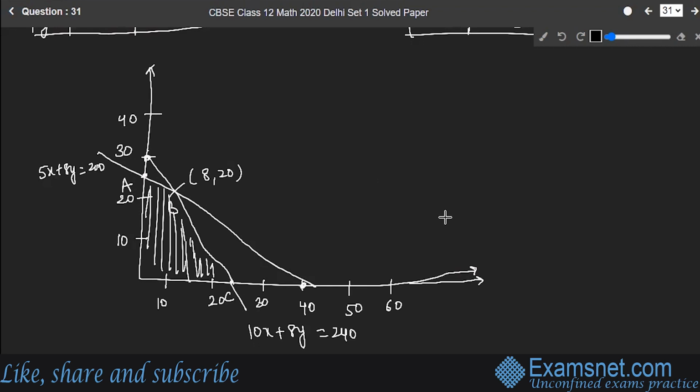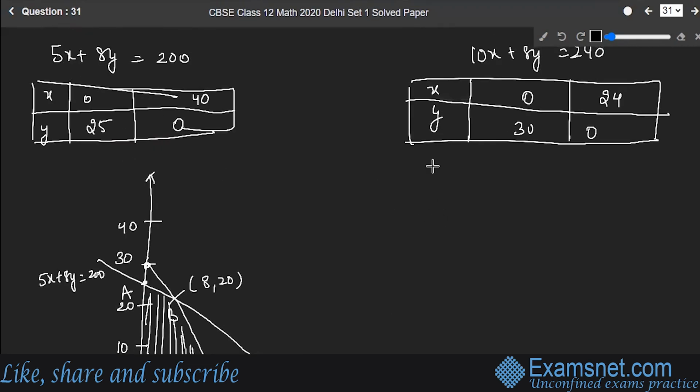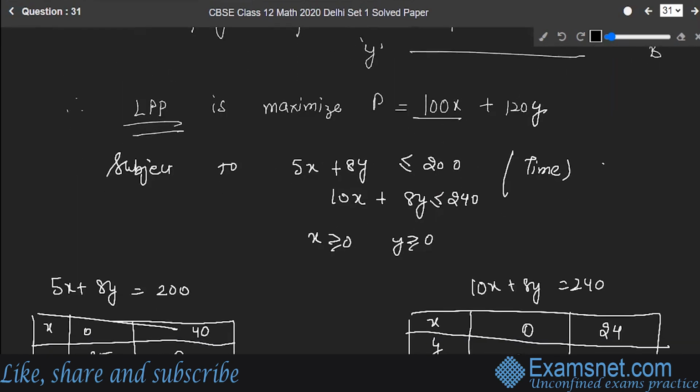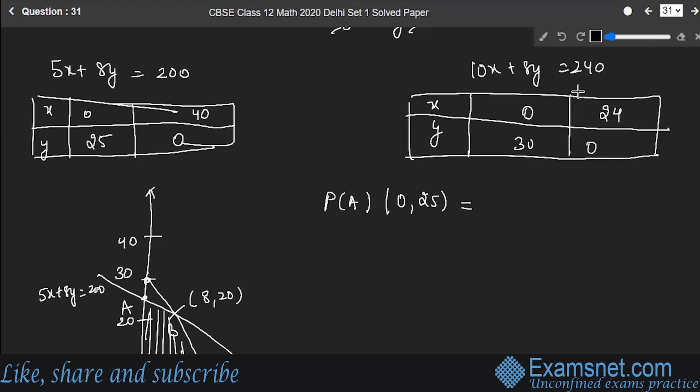Okay. So for the profit at the point A, what was the point A? Point A is 0, 25. All right. So from this, the profit is 100x plus 120y.